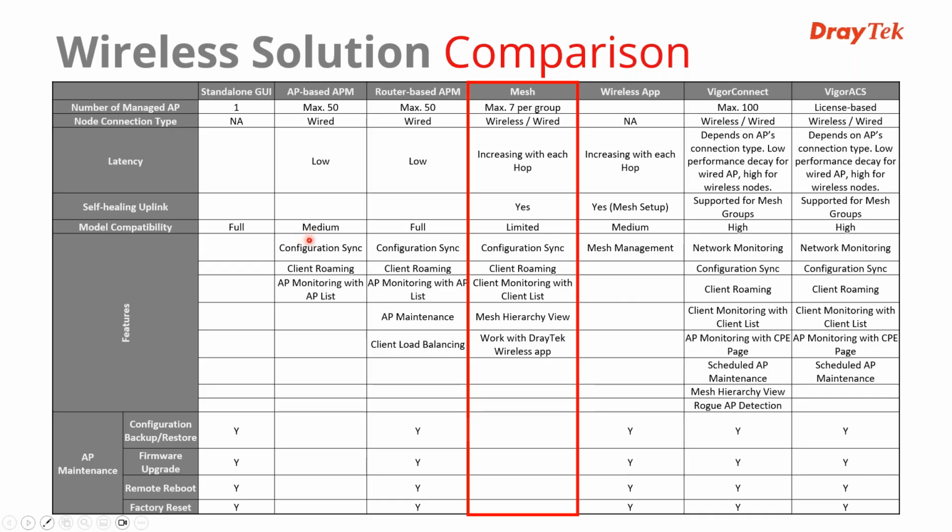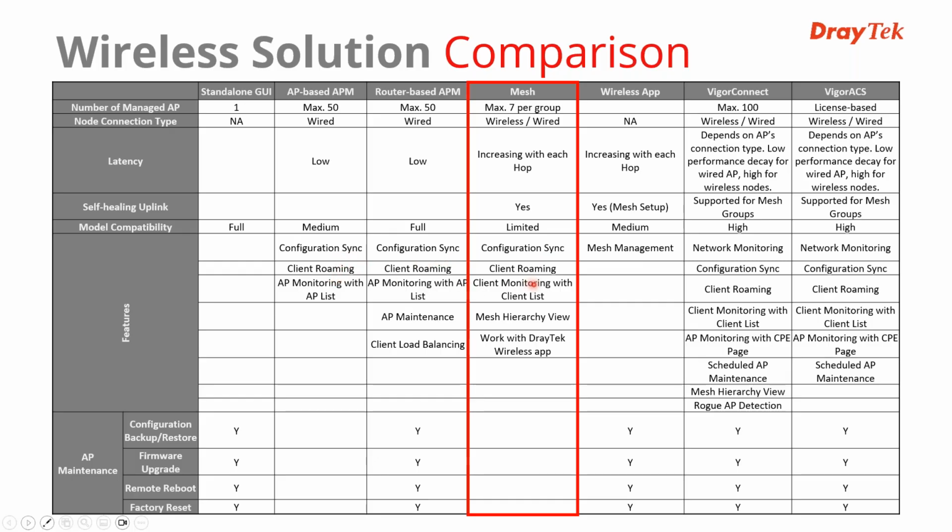So compatibility is medium for the APs, depending on the devices. For the router, it's full when they're wired together. And then, yeah, it's very limited with the mesh, or it can be limited with the mesh. Also there's a configuration sync on the mesh that's very handy, but you can also do this with AP central management.